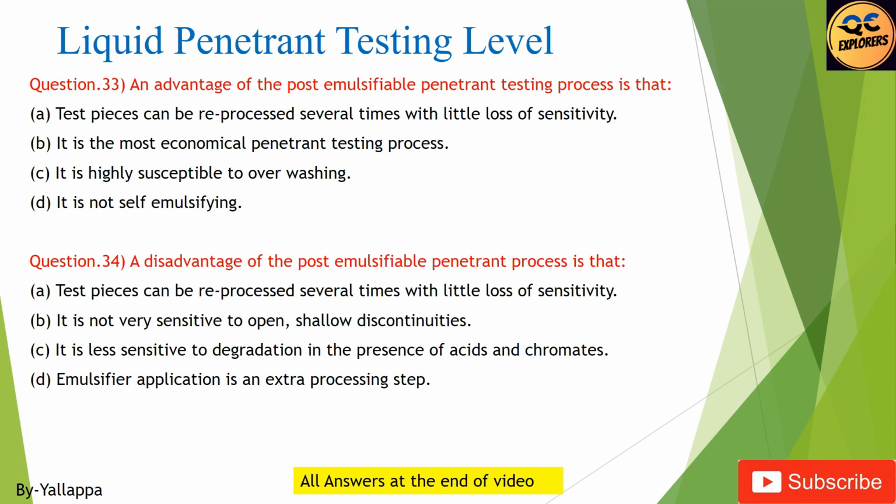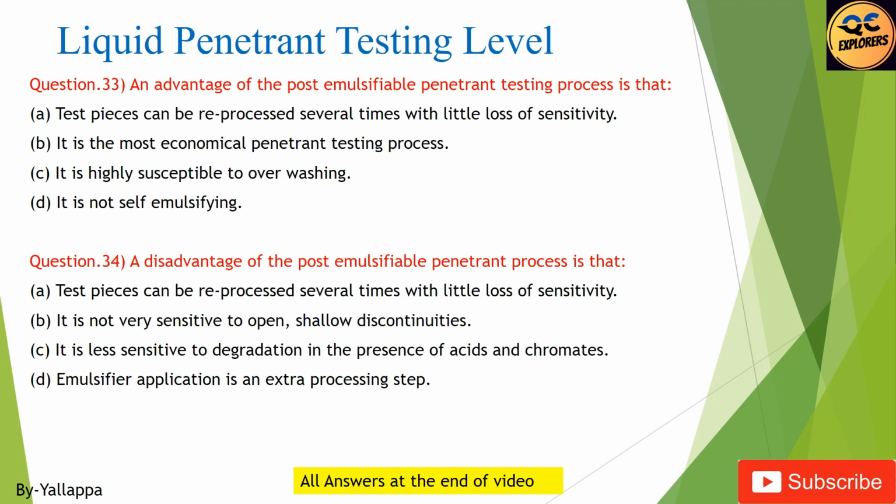Question point 33. An advantage of the post-emulsifiable penetrant testing process is that test pieces can be reprocessed several times with little loss of sensitivity. It is the most economical penetrant testing process. It is highly susceptible to overwashing. It is not self-emulsifying. Question point 34.